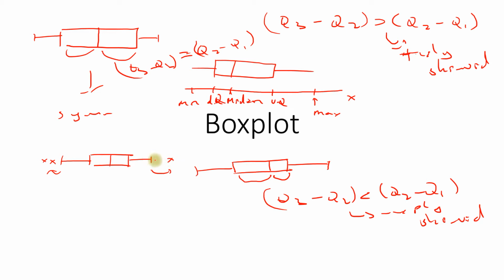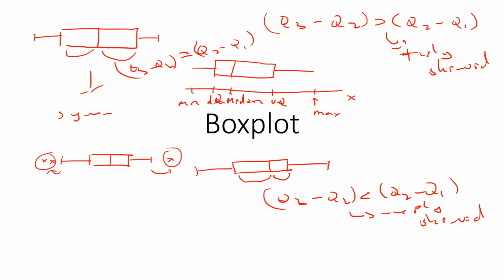You will see that they are separate from the end of a whisker here. These are referred to as outliers in the data. And what are outliers? Outliers are values that are uncommon in the data, and you can identify them from a box plot as well.